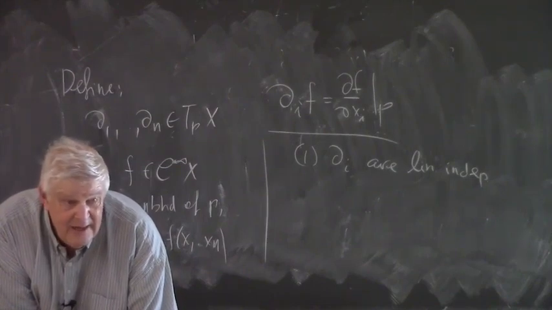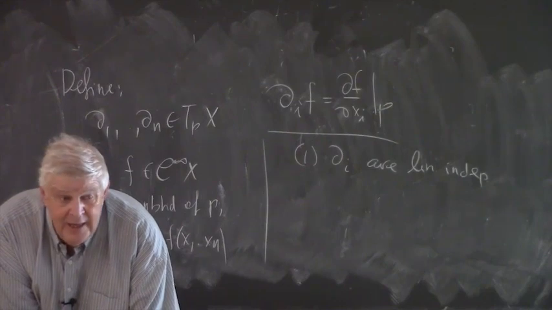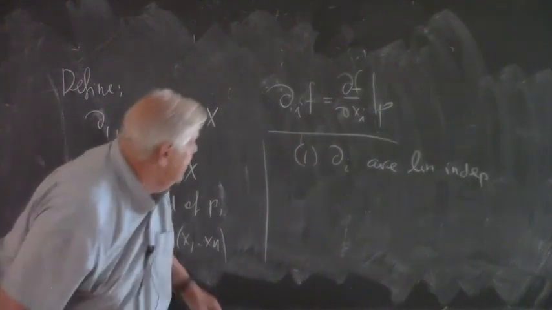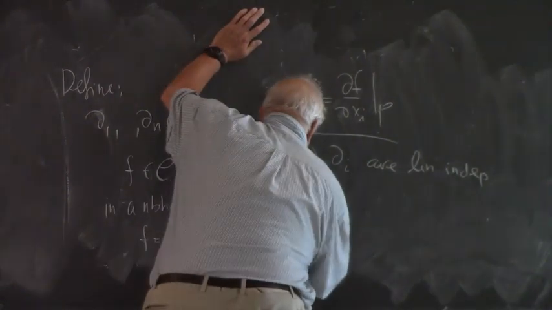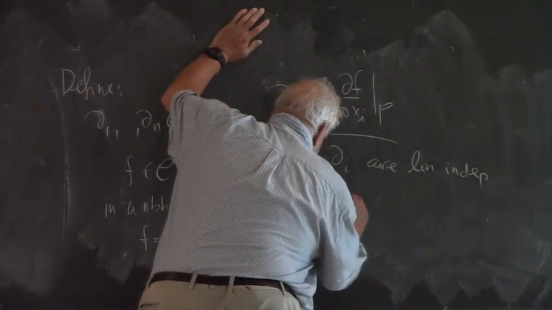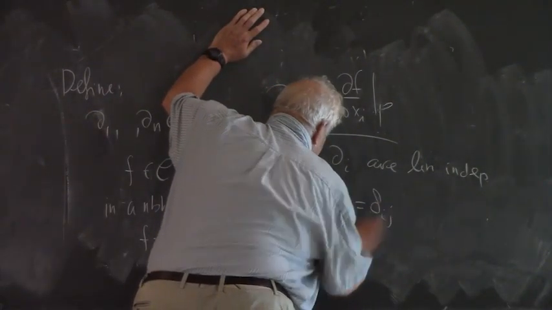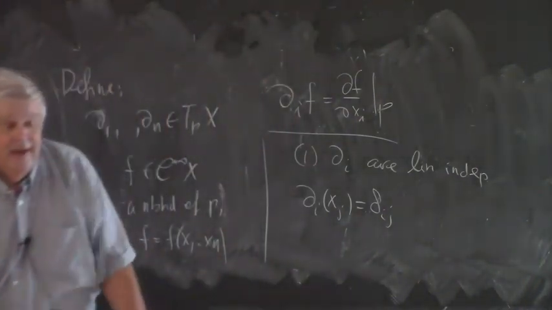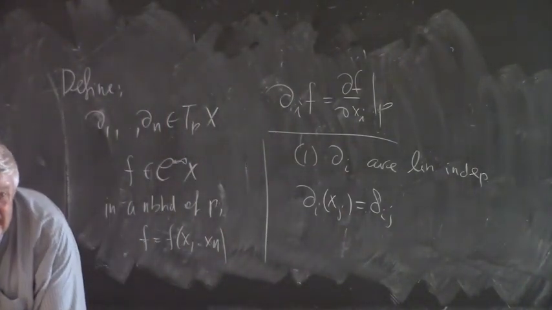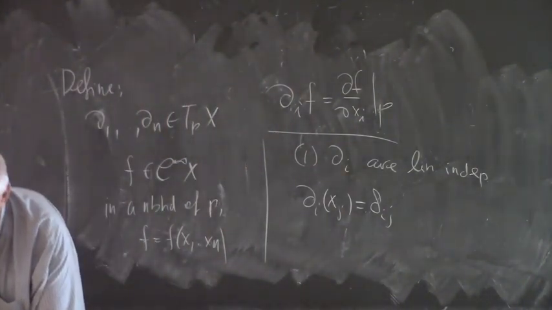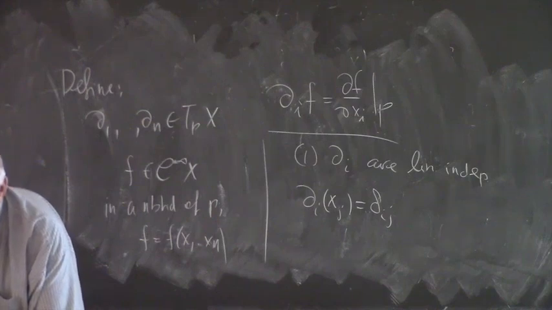So we can apply di to local coordinates. I write di of xj is delta ij.